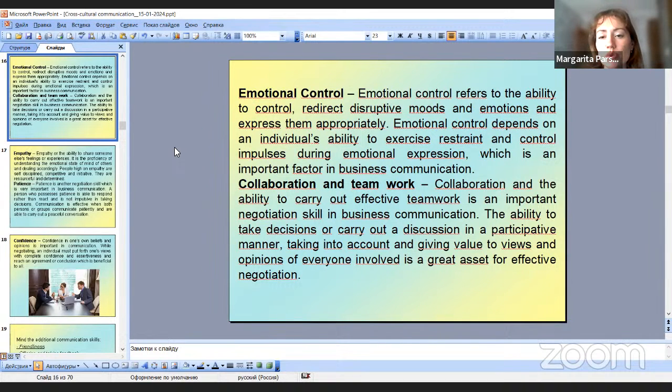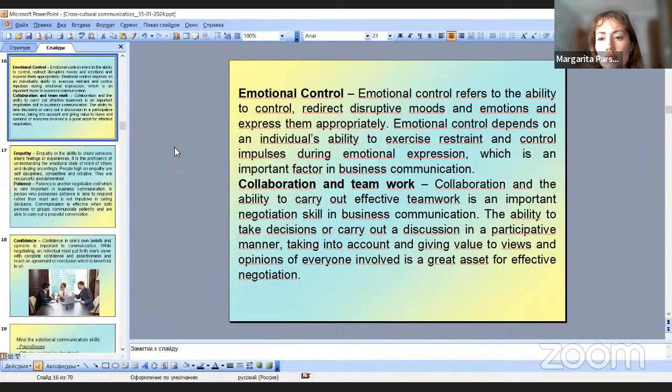So it's the ability to exercise not only their own control over their own emotional impulses, if they have such, but also to calm down the other person and take under control the emotional impulses of the other person. They can express their emotional state in calmer words, more smoothly, more appropriately. So this is the whole point of healthy communication, we can say.